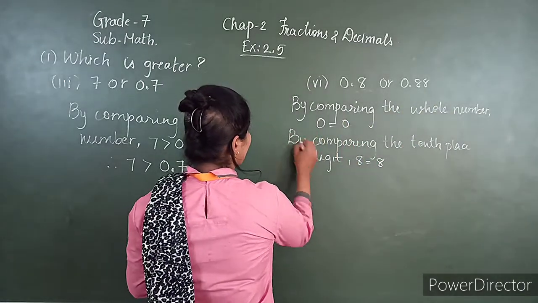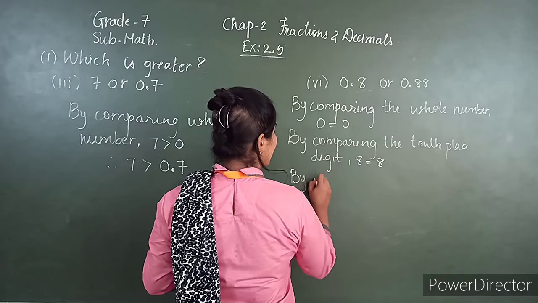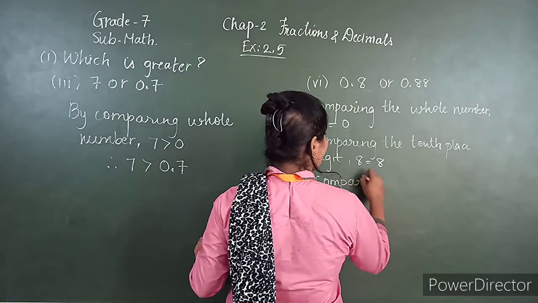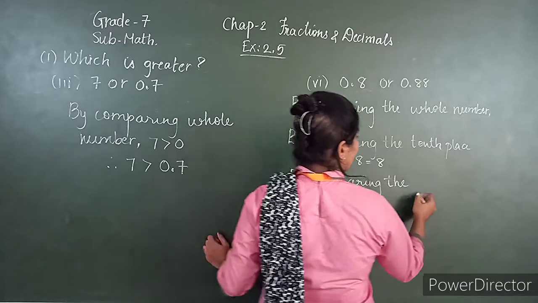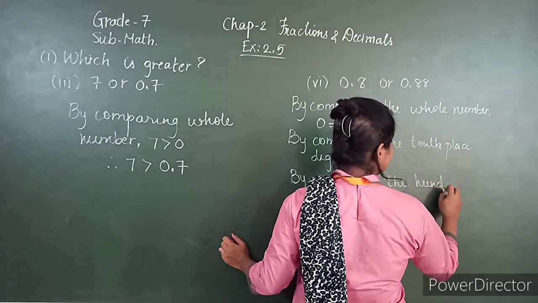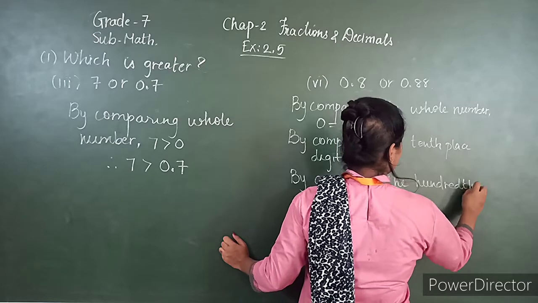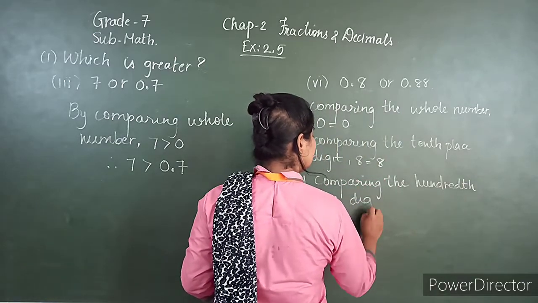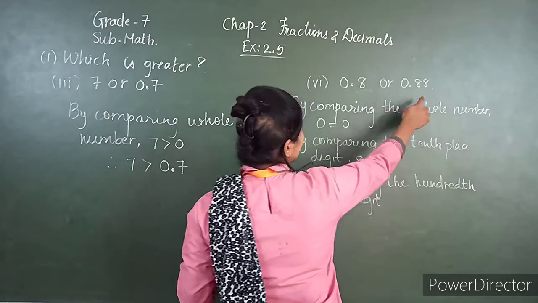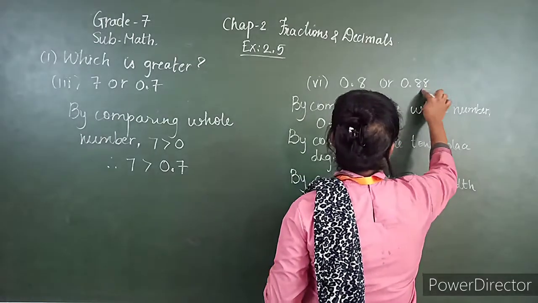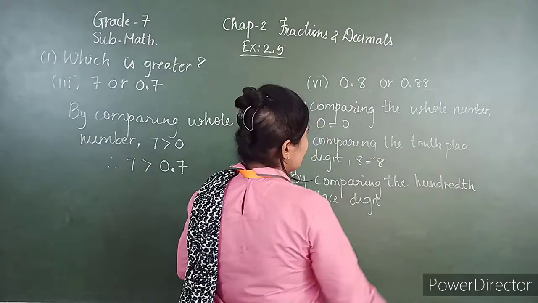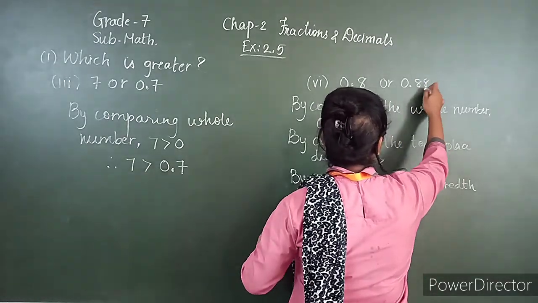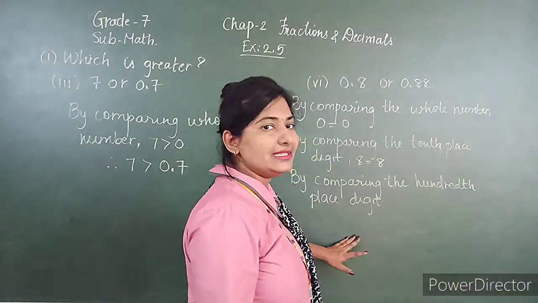So now we have to compare the 100th place digit. After the point, the second digit is considered as the 100th place digit.